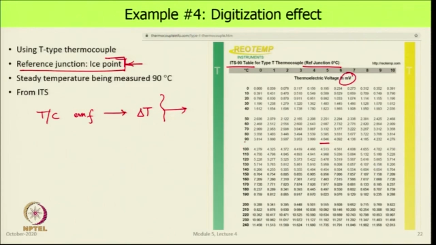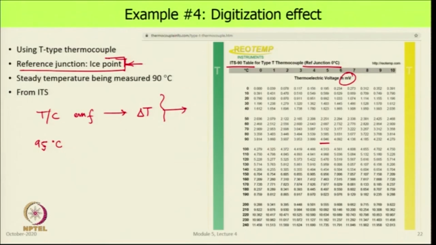Then you say, well, my temperature difference was 95 degrees Celsius. And we could even interpolate between that, maybe to 1 or 2 decimal places, depending on how good our other instruments are. So, that is what tells us that if I just measure EMF, I will use this table and get a temperature.